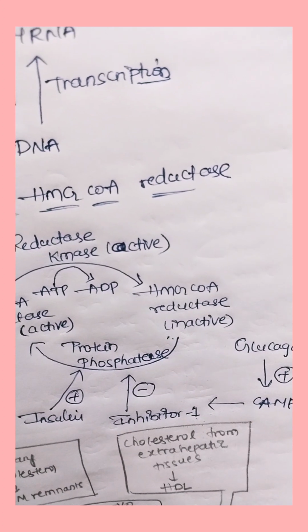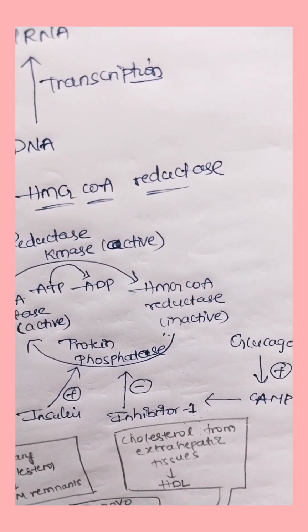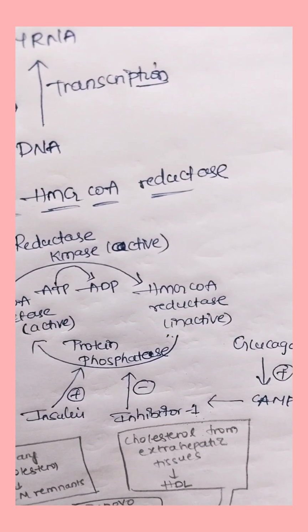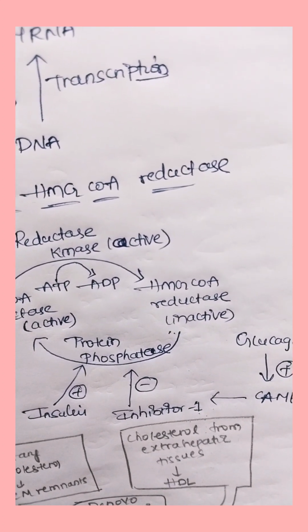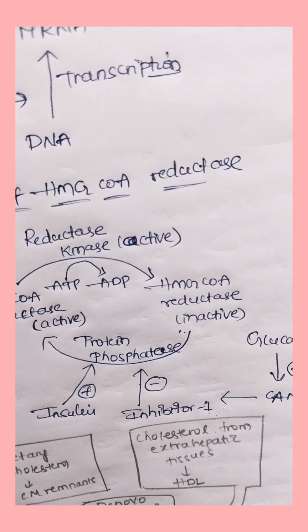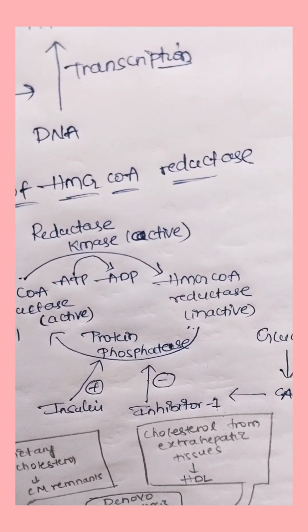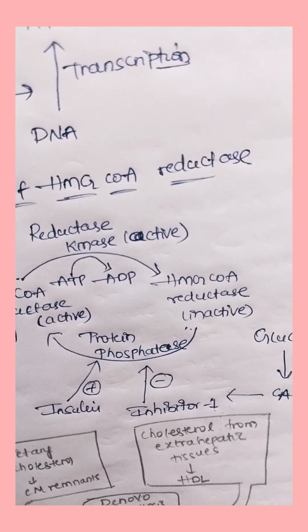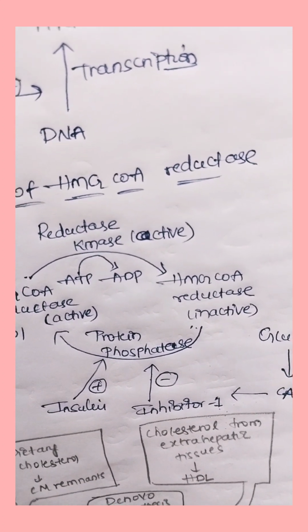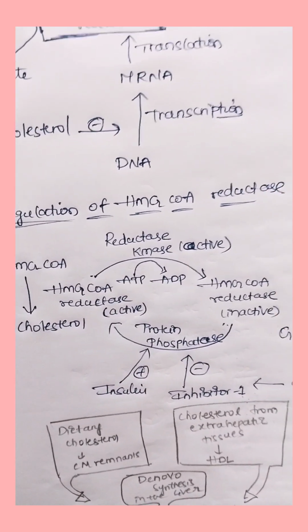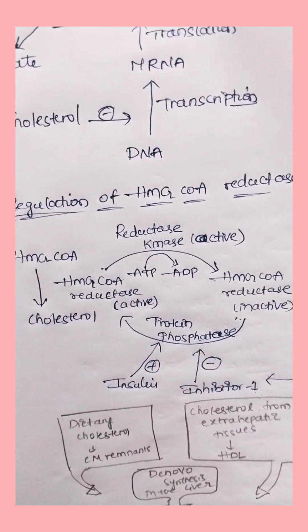But in the presence of insulin, the cyclic AMP will be immediately converted into 5' AMP, so the protein kinase remains in the inactive state, and protein phosphatase will be in the active form, and this protein phosphatase will convert the inactive HMG-CoA reductase into the activated HMG-CoA reductase. Okay, this is the regulation of HMG-CoA reductase.